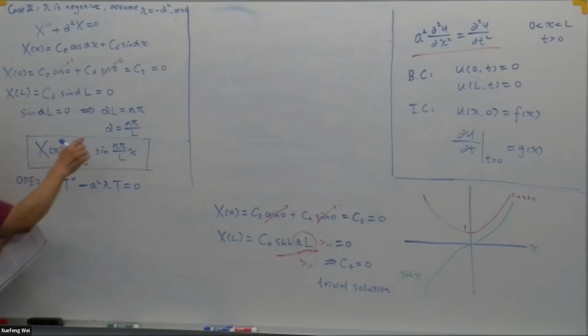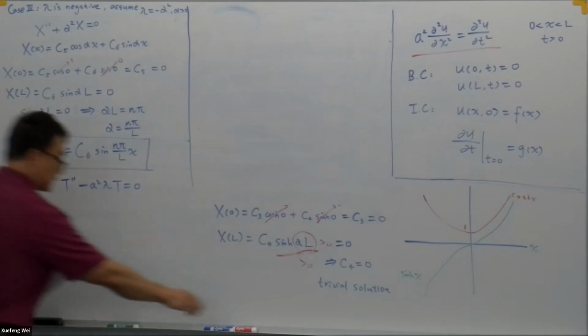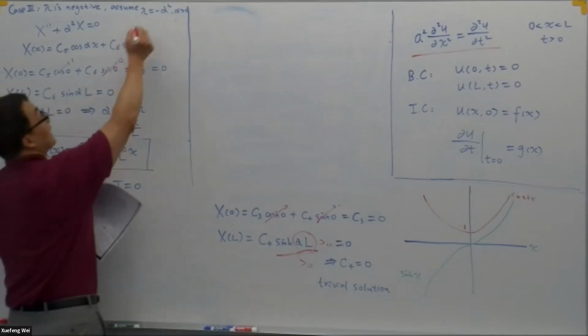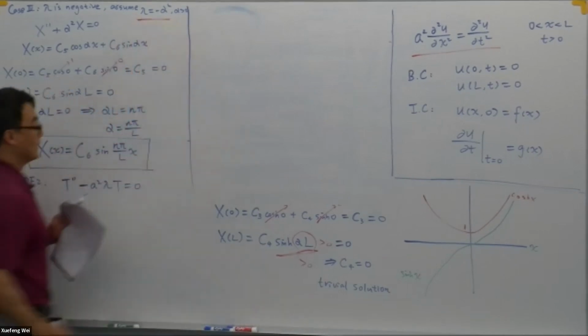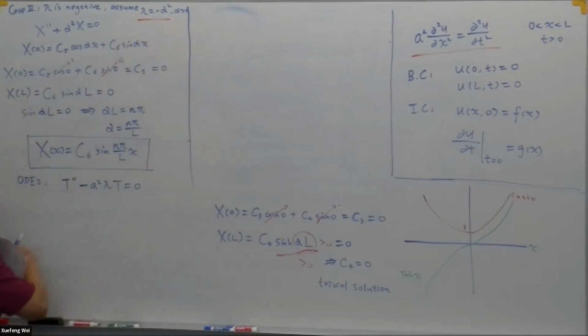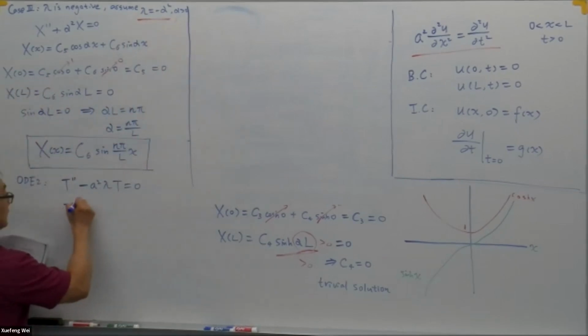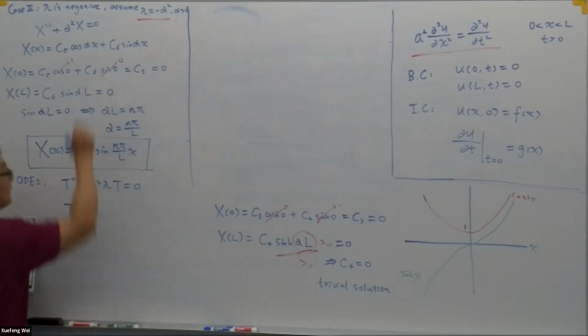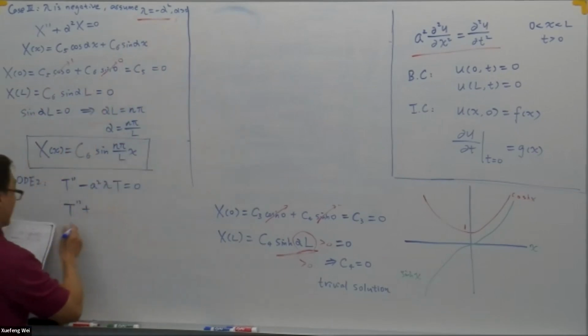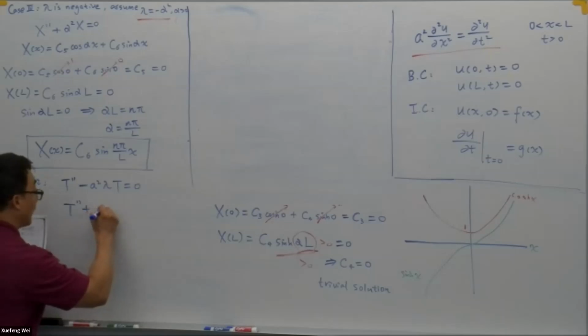Now remember, case 3 is this. Case 3: lambda equals minus alpha squared. So this will become T prime minus lambda a squared, so this will be plus a squared alpha squared t equals 0.